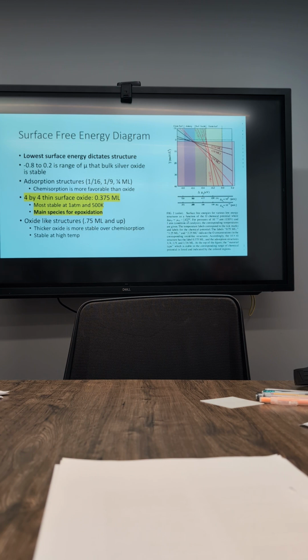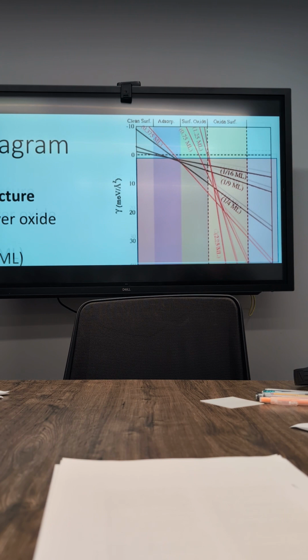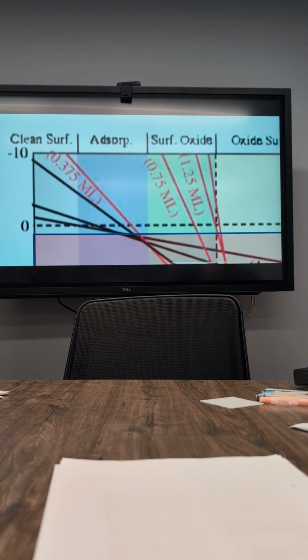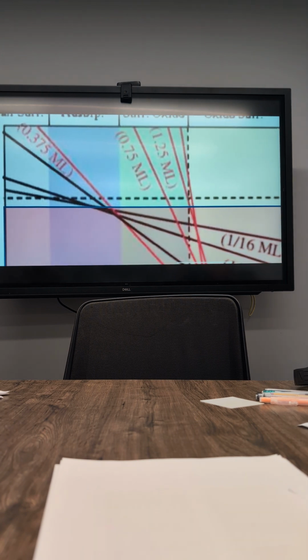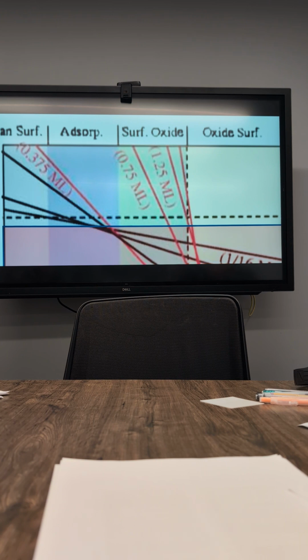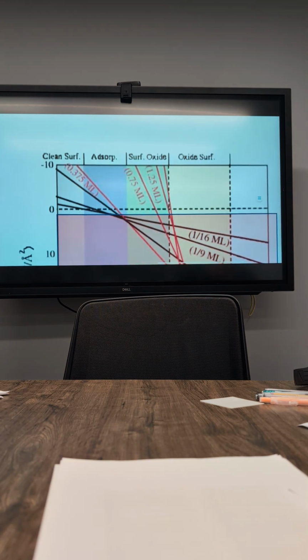And then if we talk about the 4x4 structure, we look at 0.375, which is, can I zoom in? Nice. See the 0.375? So that's going to be more in that surface oxide absorption area. That's going to be more of an intermediate to the both.